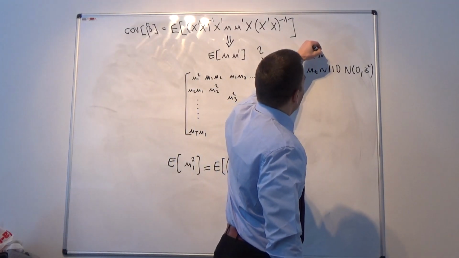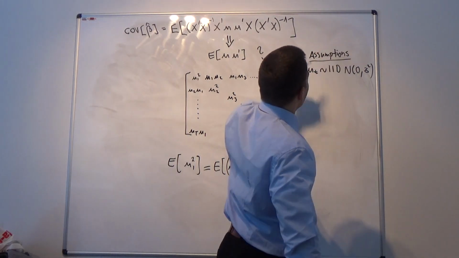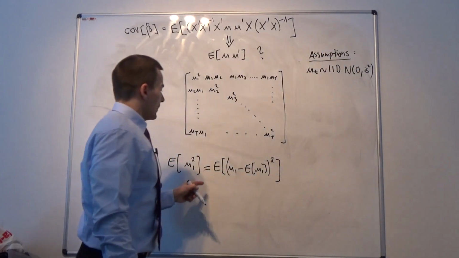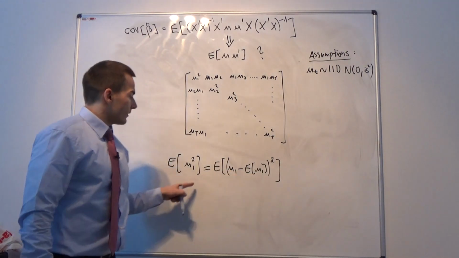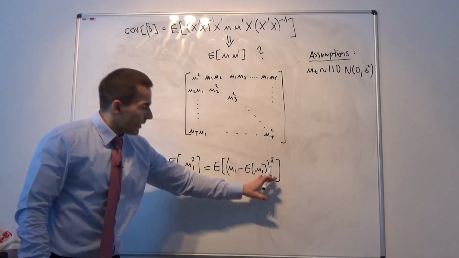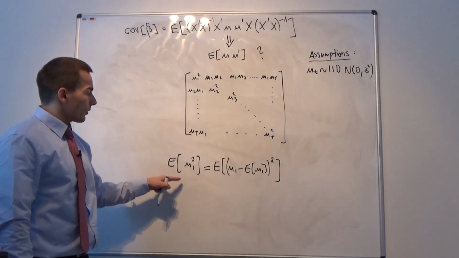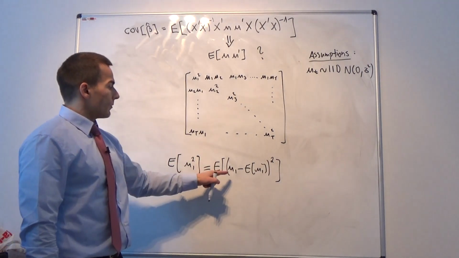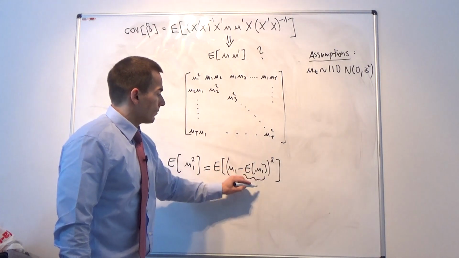Yeah, remember we discussed this in the beginning. This is the assumption. So because this is zero, the right-hand side is equivalent to what is on the left-hand side. The expectation of u1 squared is the same as the expectation of u1 minus the expectation of u1, which is 0, squared.